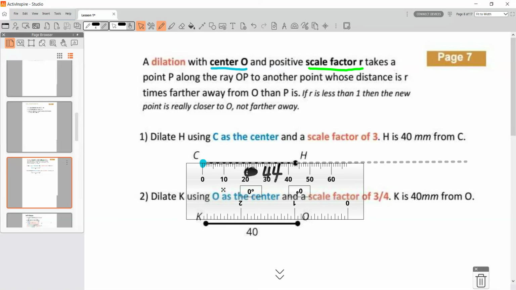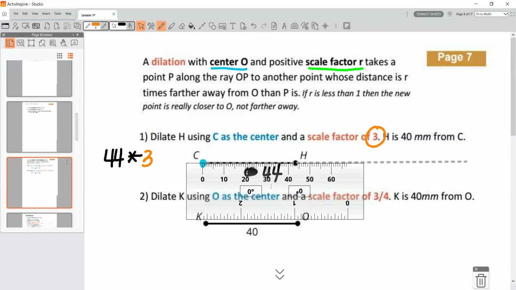Okay, so when I measured this, now I want to use this scale factor, right? So I take this original distance, which is 44, and then I multiply it by the scale factor, okay? And in this case, the scale factor is 3. So I'll take 44 times 3, and that's going to be your new measurement.